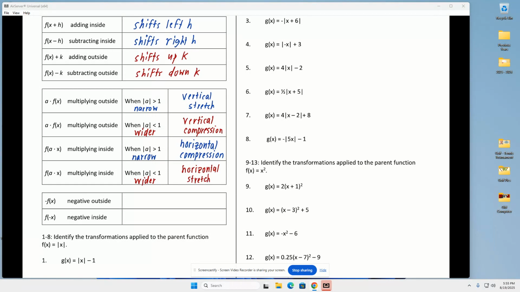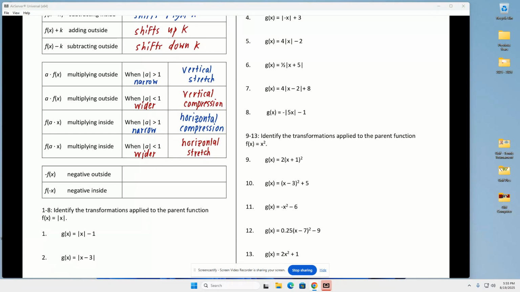Okay? And then the last two are all about negatives. If negative is outside, it's a vertical reflection. If negative's on the inside, it's a horizontal reflection. A vertical reflection reflects over the x-axis. But a horizontal reflection reflects horizontally, meaning over the y-axis.